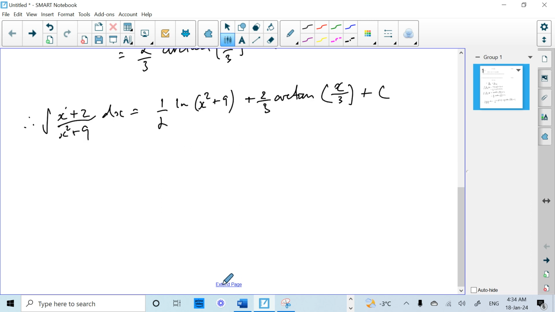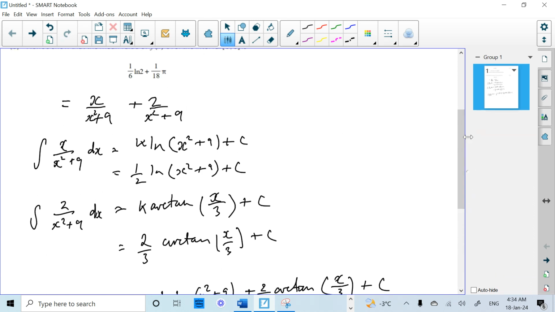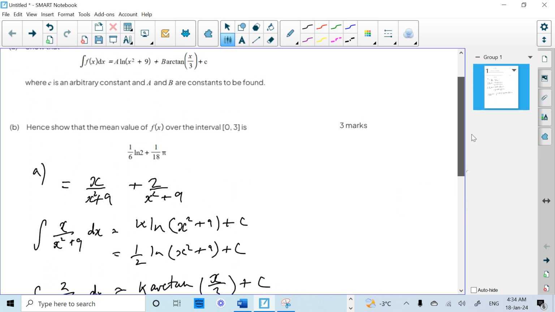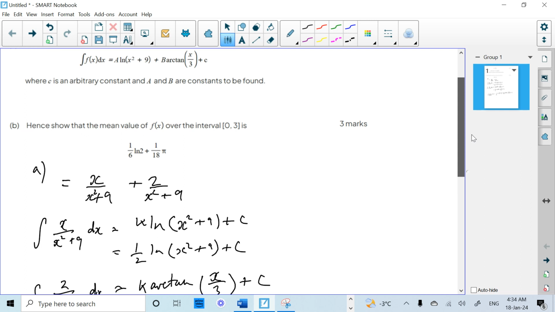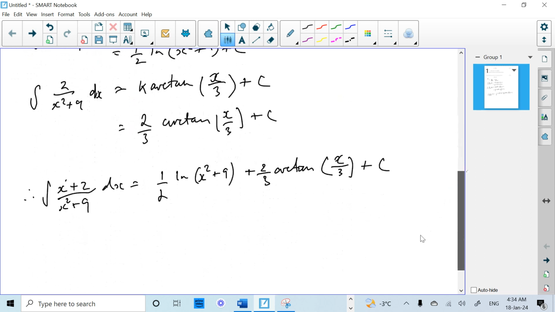Now part B, so let's make sure that we label it. So that's part A, and part B says: hence show that the mean value of the function of x over the interval 0 and 3 is 1/6 log 2 plus 1 over 18 pi.